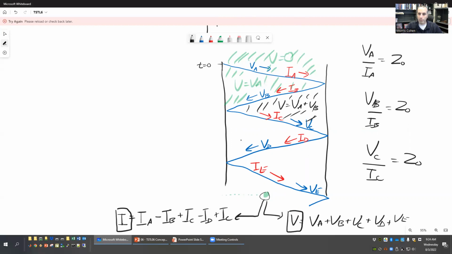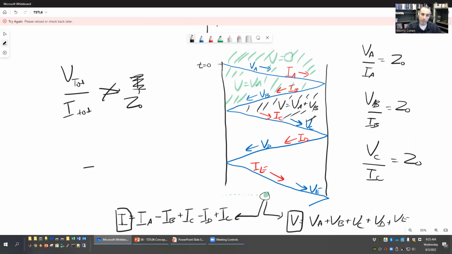Then the total voltage at this location will just be the sum of those. So what's the V total divided by I total? It is not necessarily going to be the same as Z0. It will not be the same as the transmission line impedance because of these negative signs we have to throw on the currents that we didn't throw on the voltage.